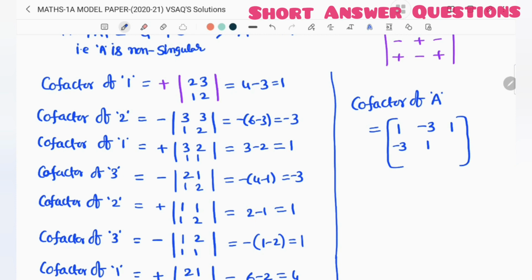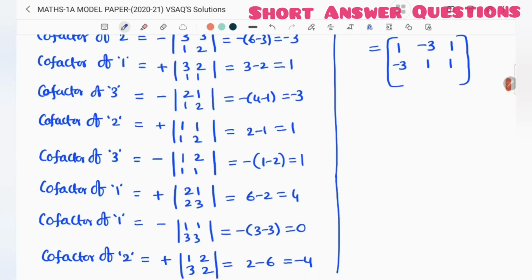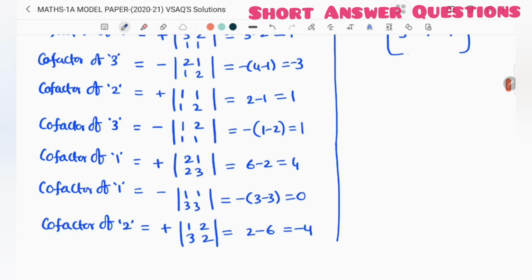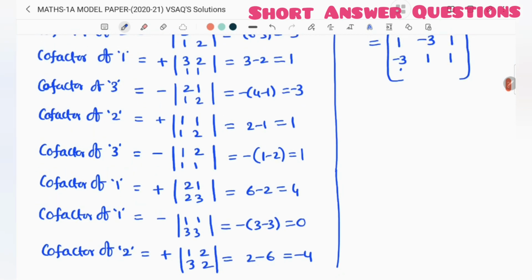So serially you can write it like this. Again 1, next 4, 4, 0, minus 4. This is the cofactor matrix.